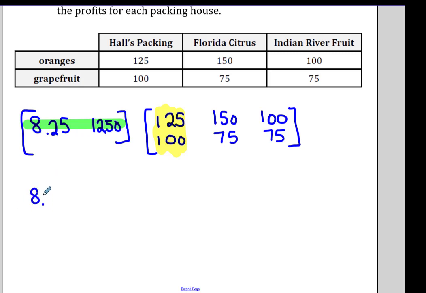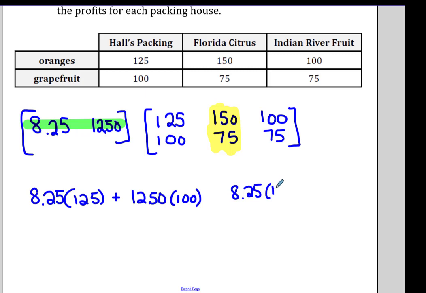So we need a calculator to do 825 times 125 and 1250 times 100 for that first product. And then moving this over to the second column, we would have 825 times 150 and 1250 times 75.